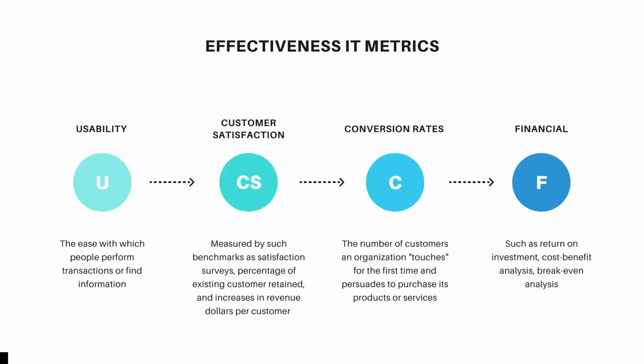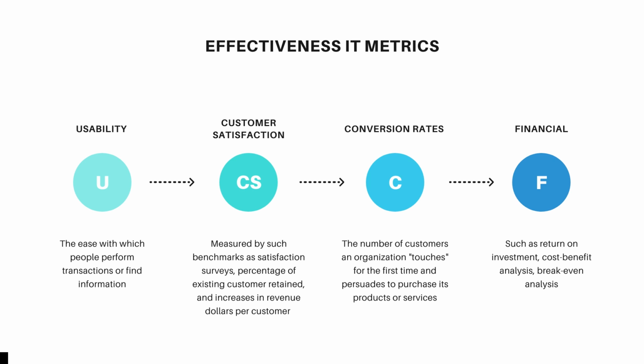In effectiveness IT metrics, we have usability, the ease with which people perform transactions or find information. A popular usability metric on the internet is degrees of freedom, which measures the number of clicks required to find desired information. Next, customer satisfaction, measured by such benchmarks as satisfaction surveys, percentage of existing customers retained, and increases in revenue dollars per customer.